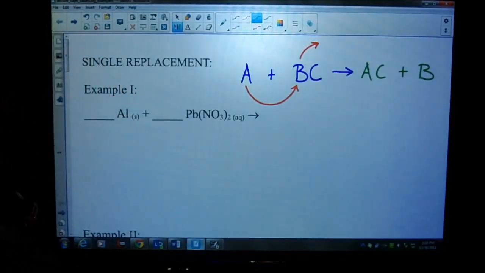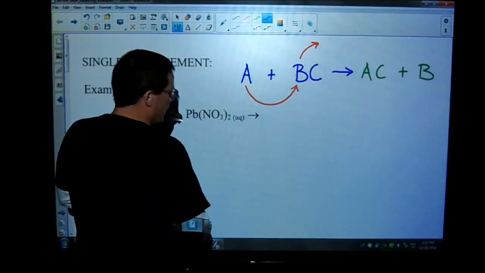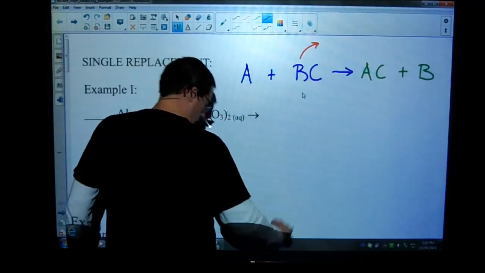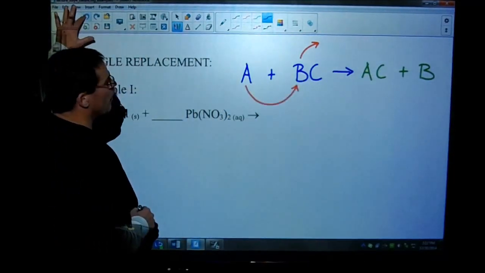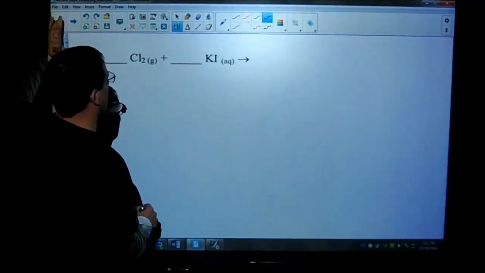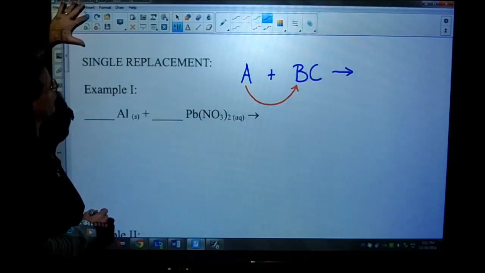So if A is now a non-metal, then what will happen, actually let's just do this. If A is a non-metal, here, let me get those arrows out of the way.